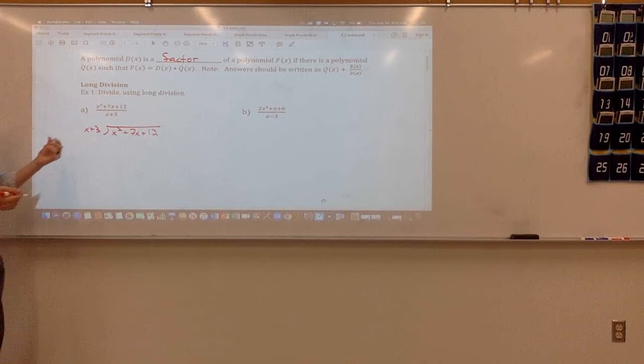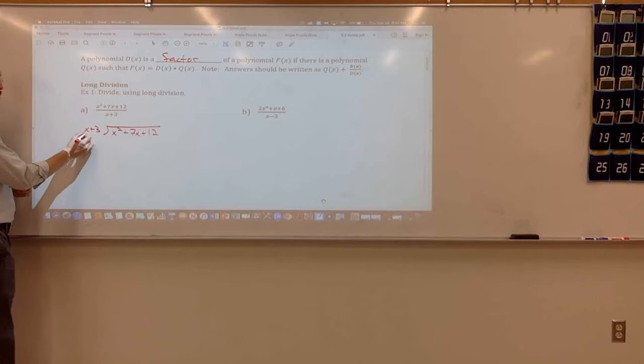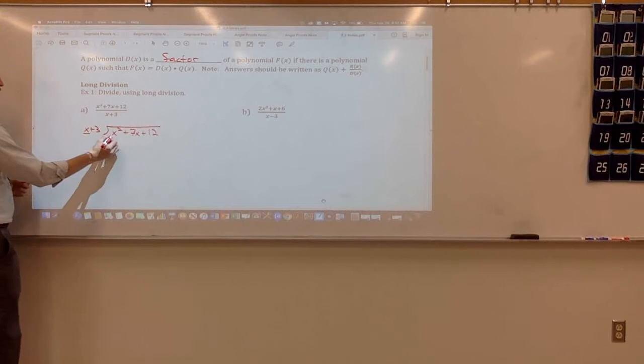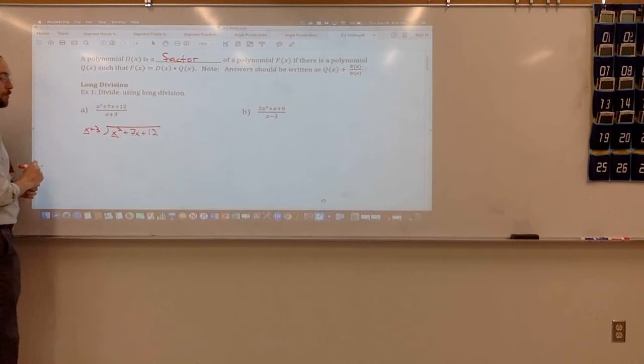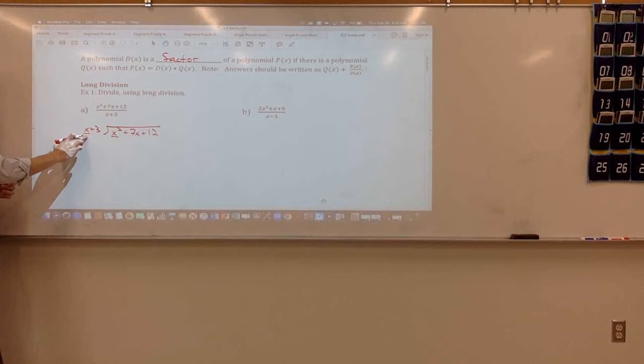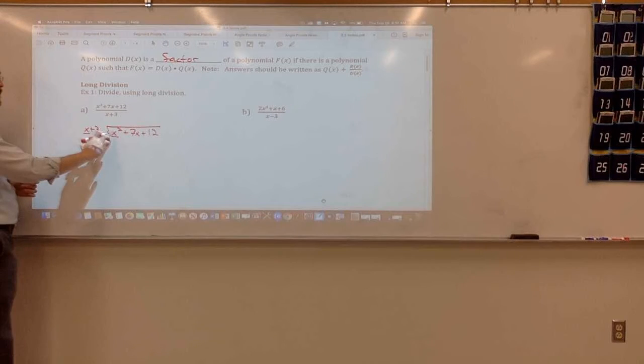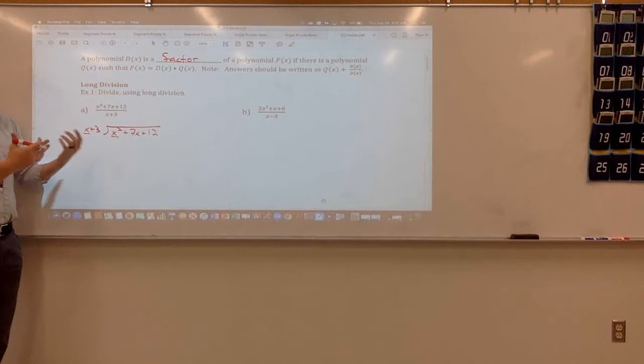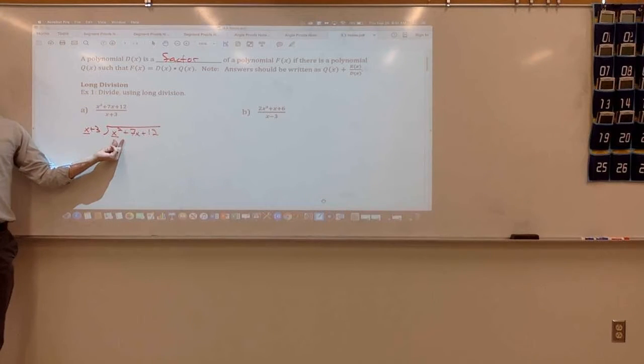The process to do this is to look at just the first term over here and just the first term over here. I want to see what I have to multiply this by to get this. Well, I would have to multiply x by x to get x squared, right?